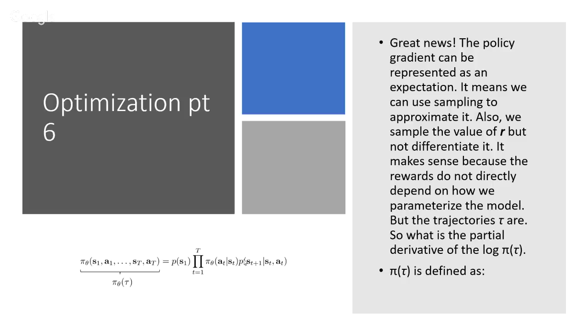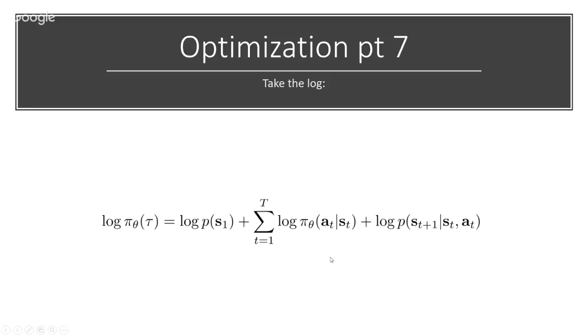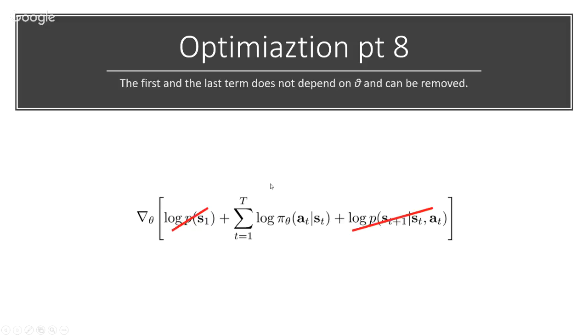So what is the partial derivative of the log pi given the trajectory? The trajectory is defined as this, and then we take the log. The first and the last term do not depend on the policy, so they can be removed.